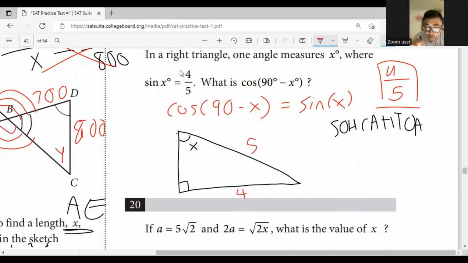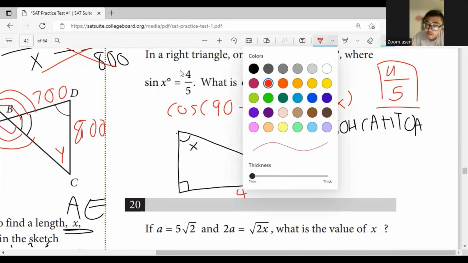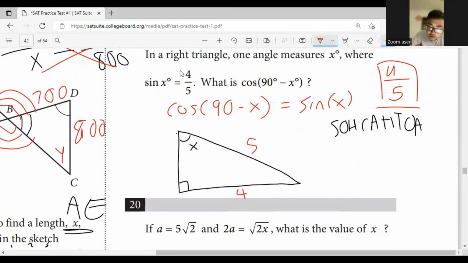Okay, now we need to know cosine of 90 minus x. Well, I know in a triangle we have 180 degrees in any triangle. And in this triangle specifically, I have, let's say, 90 degrees plus x degrees, and let's say plus y degrees.